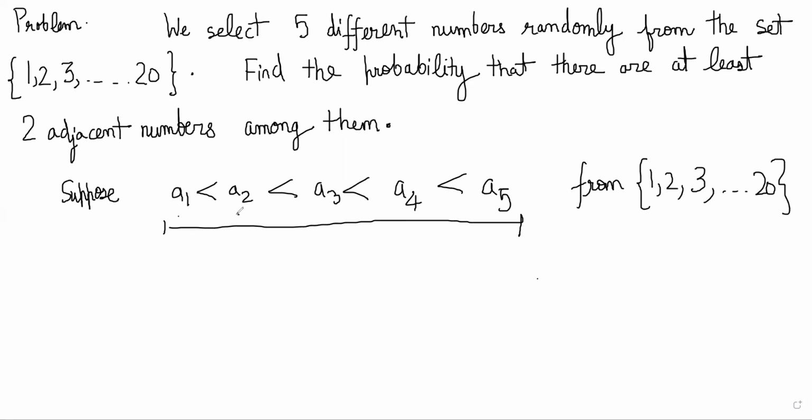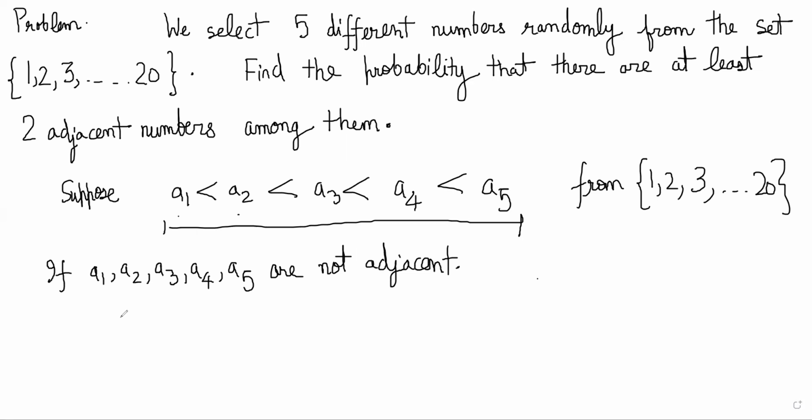Now, this is the total number of ways of selecting 5 different numbers from the set, basically, right? Okay, so if A1, A2, A3, A4, and A5 are not adjacent, right? If A1, A2, A3, A4, A5 are not adjacent, then what is the condition?